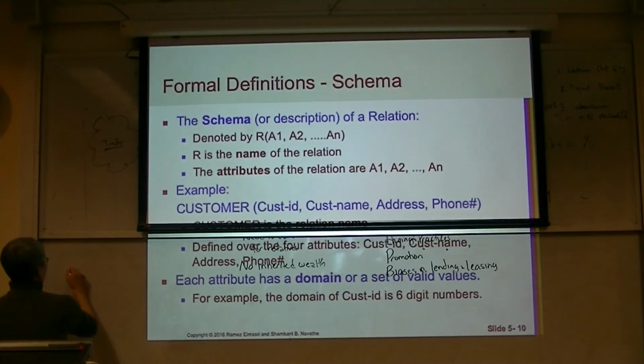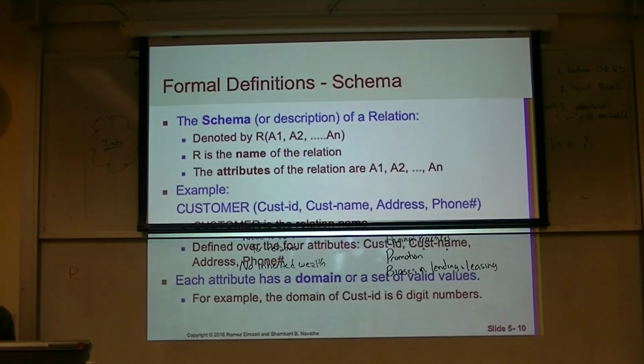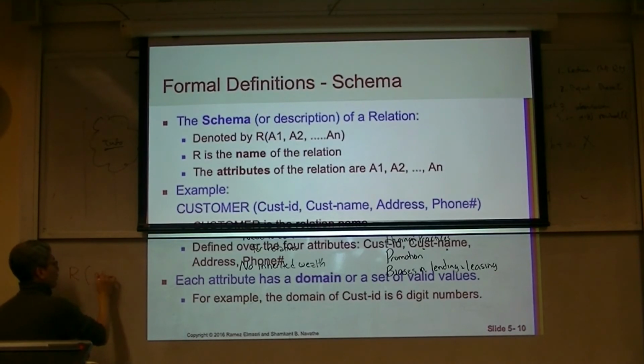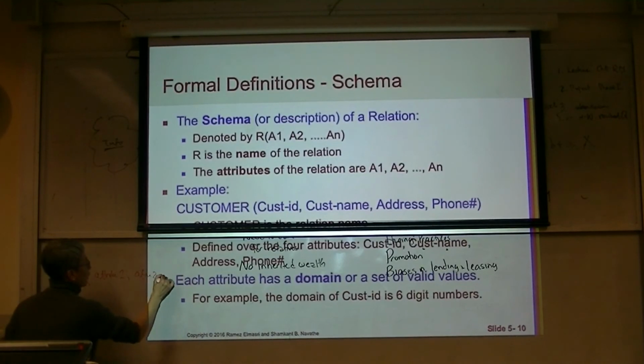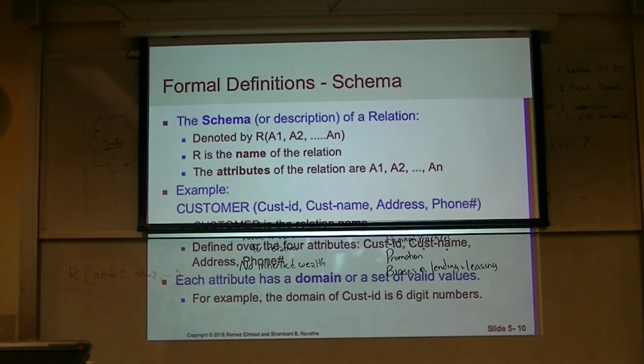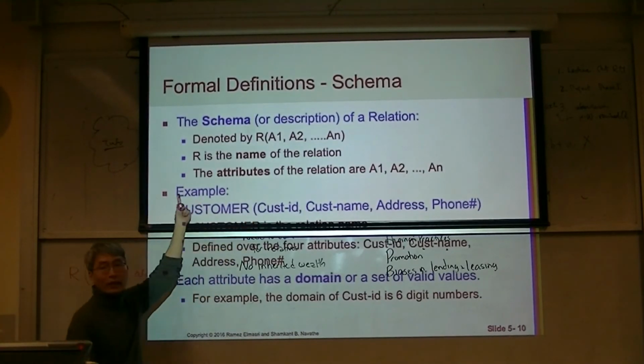a relation name. Usually it's not a strict rule; usually we use a capital letter. Then attribute 1, attribute 2, and so on. So this is the naming notation. For example, the customer relation.